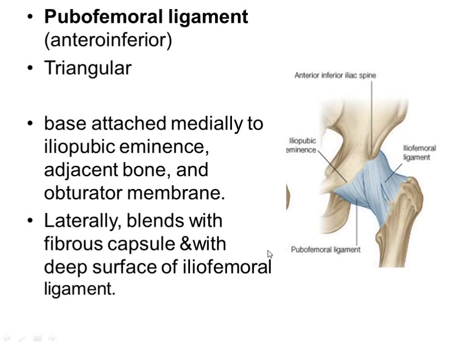Internal to this lies the fibrous capsule of the joint. The pubofemoral ligament also is quite strong, and its fibers blend with the deep surface of the iliofemoral ligament and with the fibrous capsule.